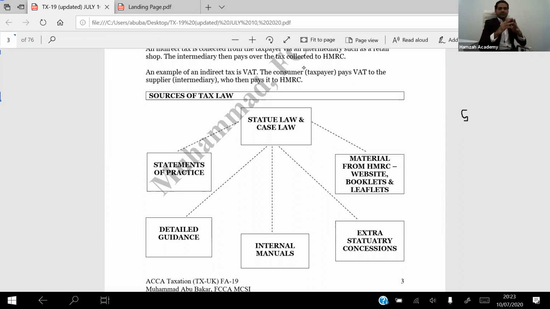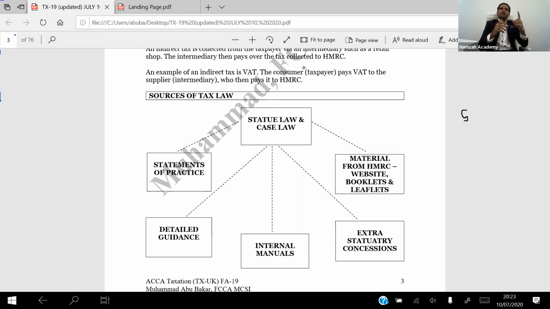In January 2018, the UAE implemented value-added tax. So right now, we have only one source of law there, that is the written law provided by the tax authority. But in the UK, it's different.